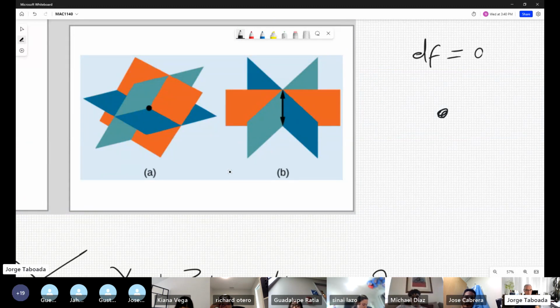For example, the orange color represents equation 1. It's a plane. I suppose the blue-green is equation 2. And the hard blue is equation 3. And you see these three planes intersecting in one common point here, which is the solution.